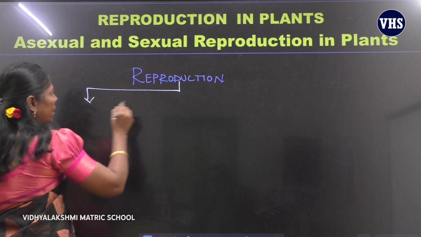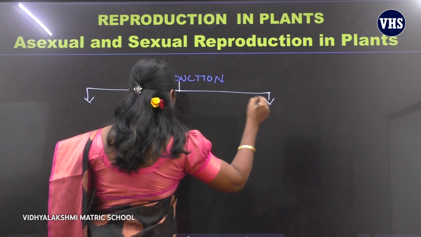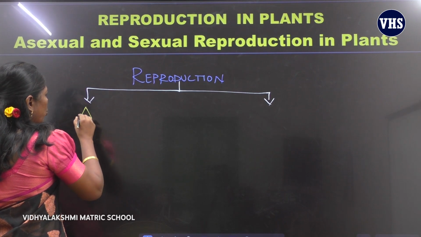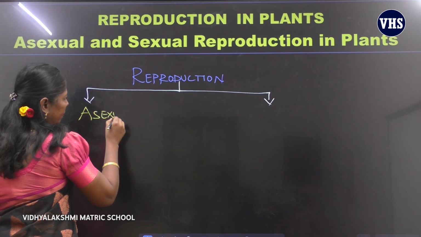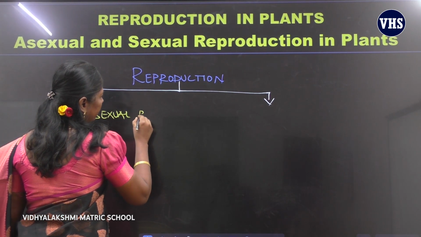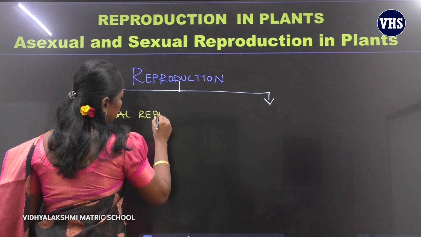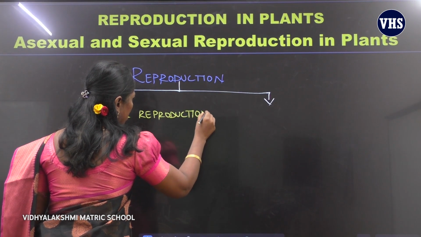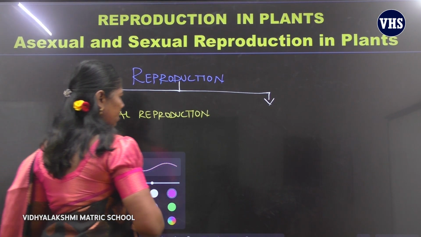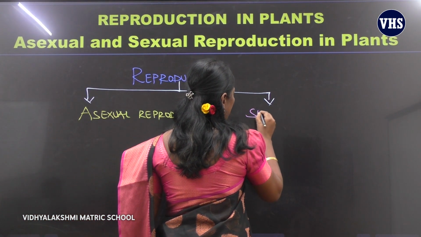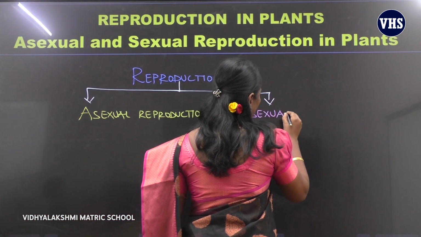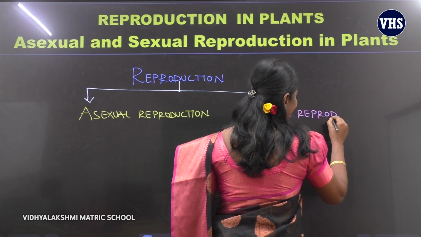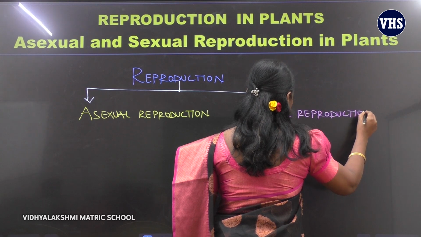So reproduction is classified into two: one is asexual reproduction, and another one is sexual reproduction. So what is asexual reproduction?